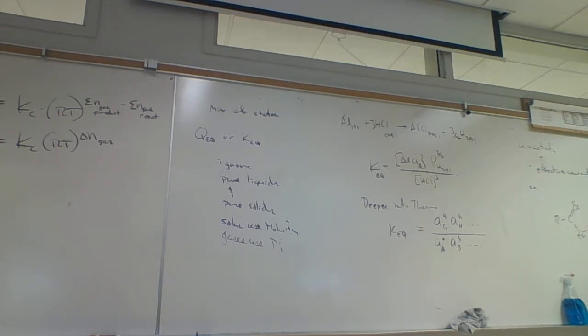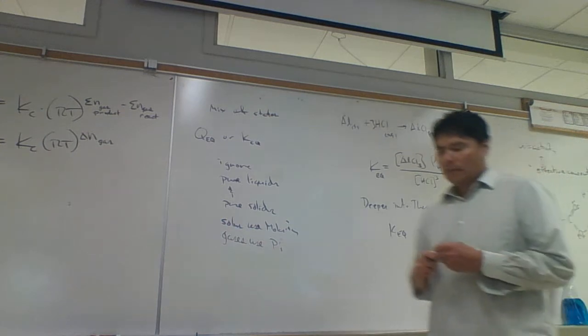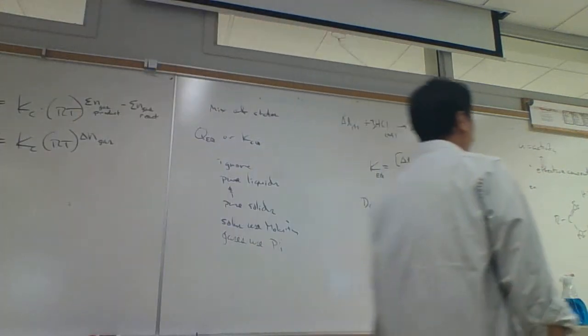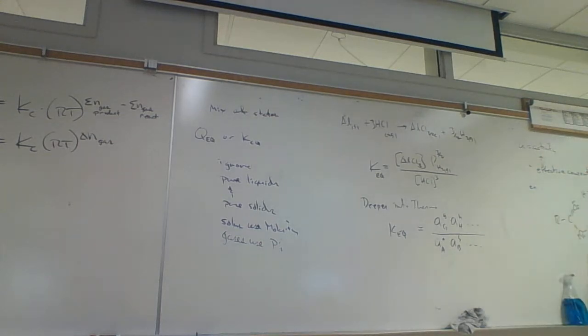And if this other carboxylic acid is oriented in just the right way, take a look. This hydrogen can hydrogen bond to this oxygen. This hydrogen can hydrogen bond to this oxygen.